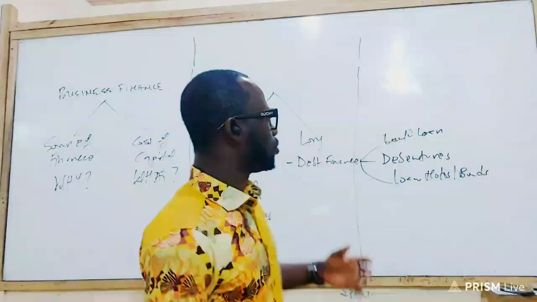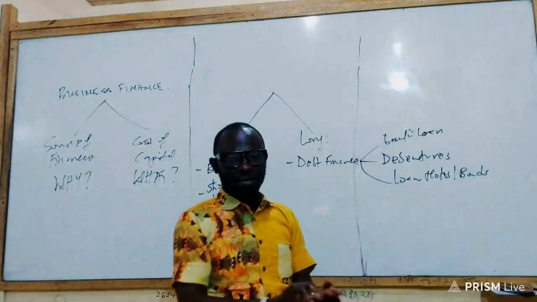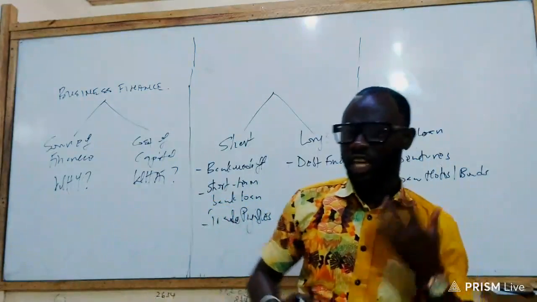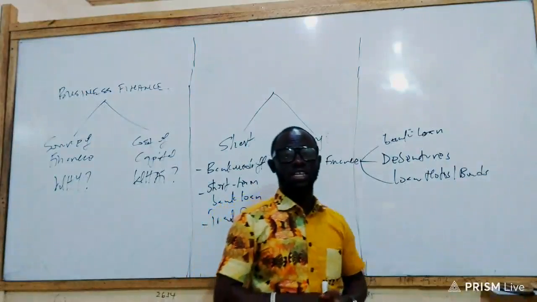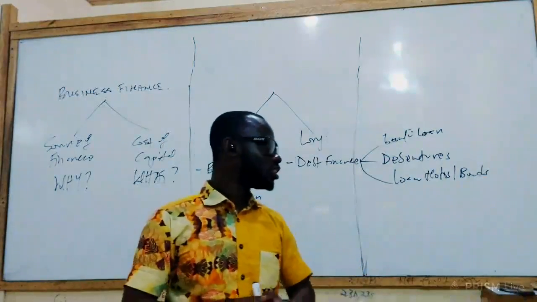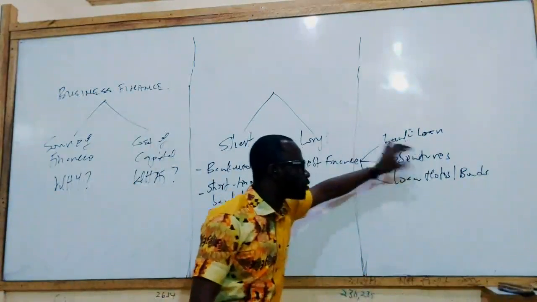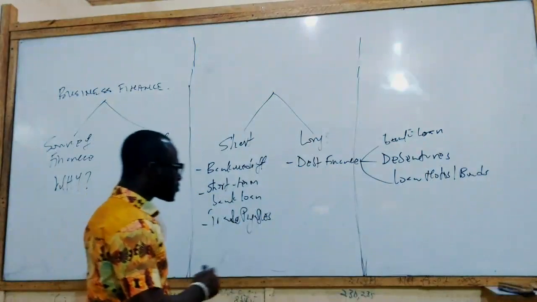Then when it comes to debentures, we have the naked debentures, the cumulative debentures, and all of those breakdown of the various forms of debentures that we have. But that is the first aspect, debt finance.